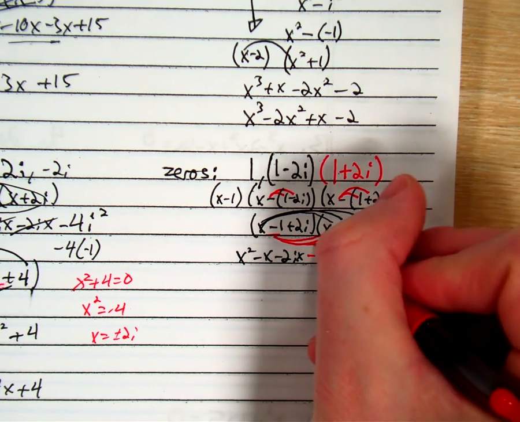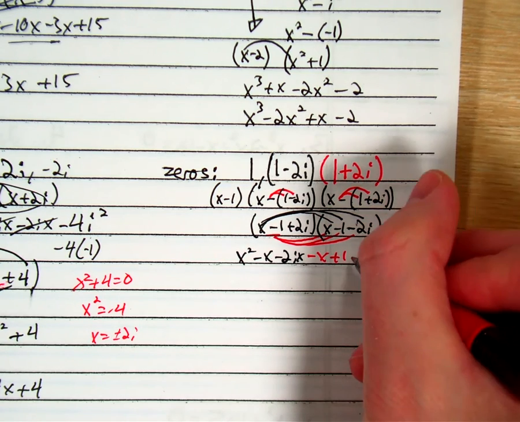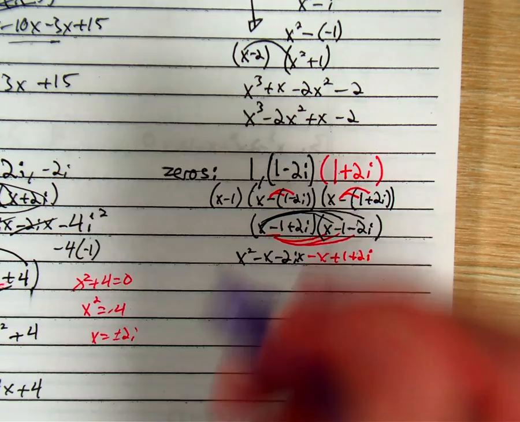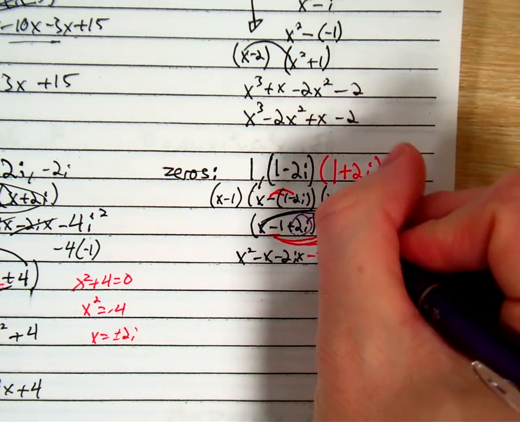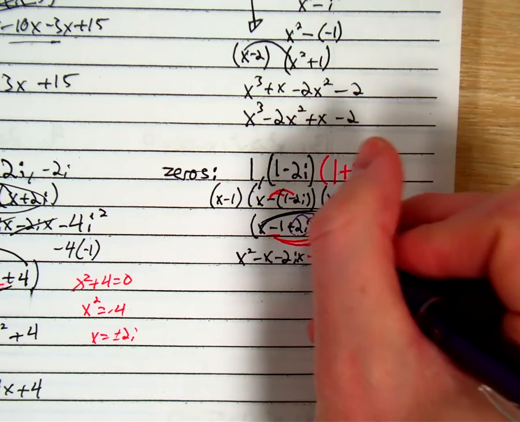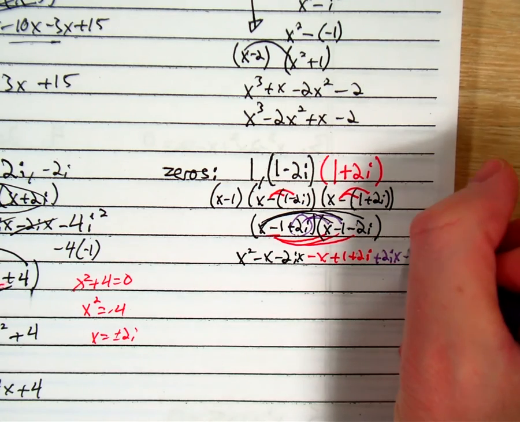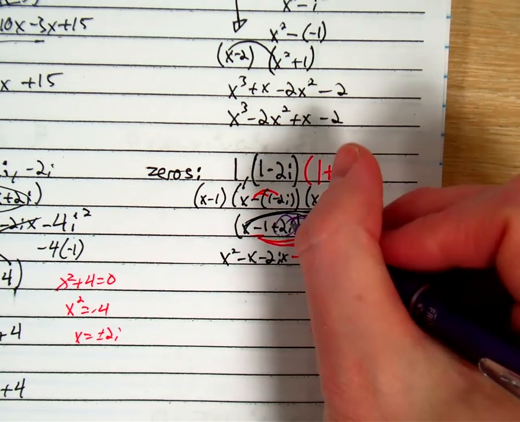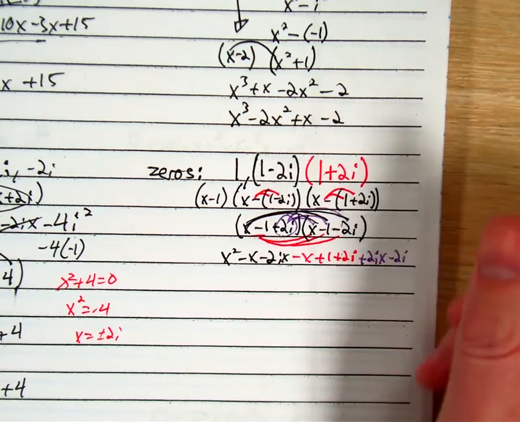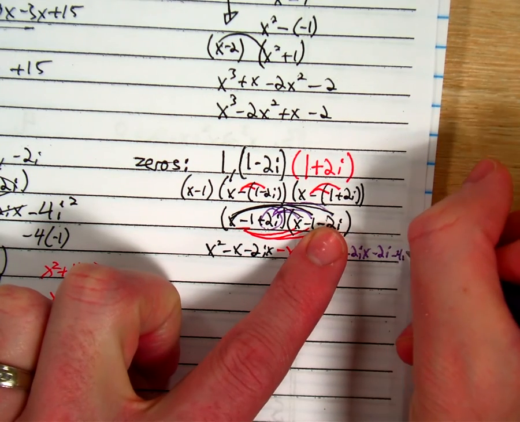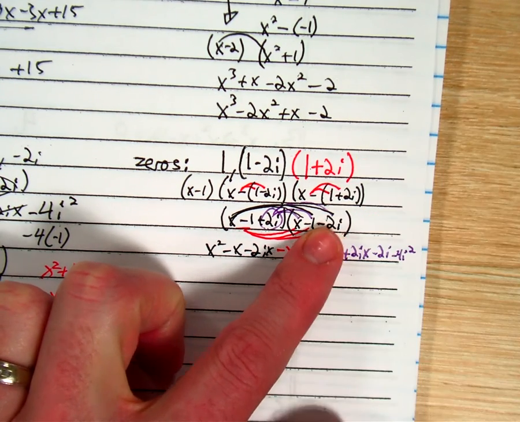Negative 1 times negative 2i, we got a plus 2i. And then our third thing: 2i times x, we got a plus 2ix. Times negative 1, we got minus 2i. Plus 2i times minus 2i. So that's going to be minus 4i squared.